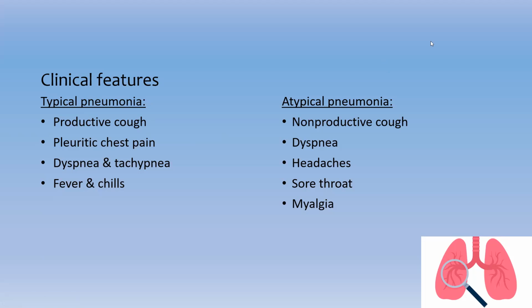Patient could present with headaches, which we don't really expect. Or they could present with a sore throat and myalgia. So it's just general body aches that are a bit dull, fatigue, get the gist.